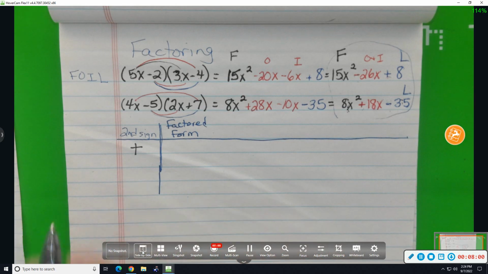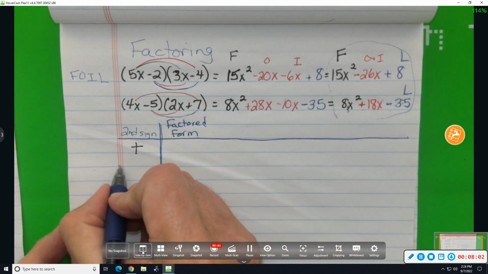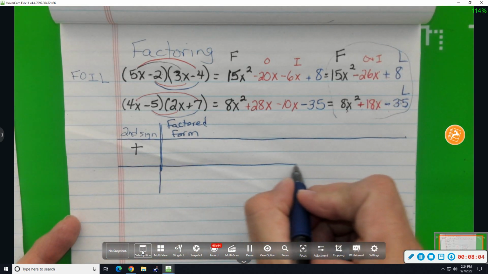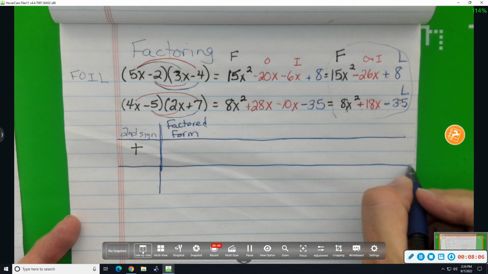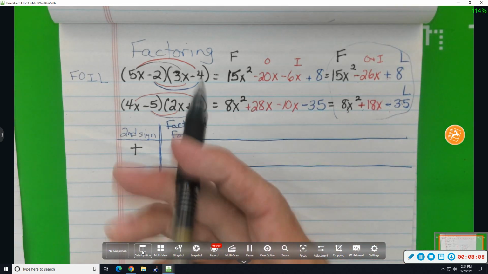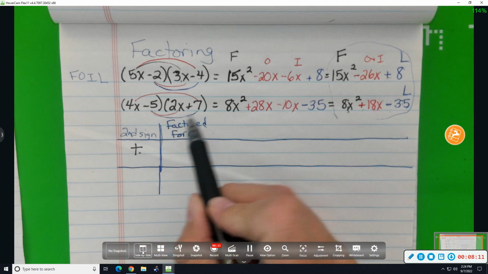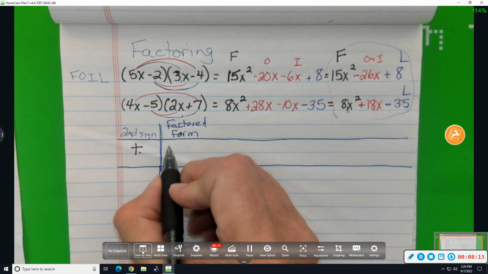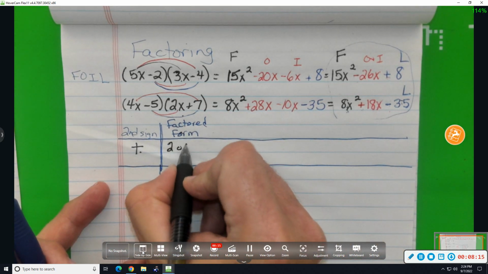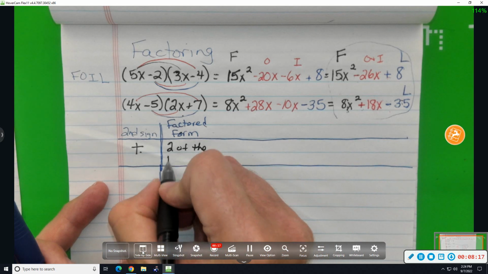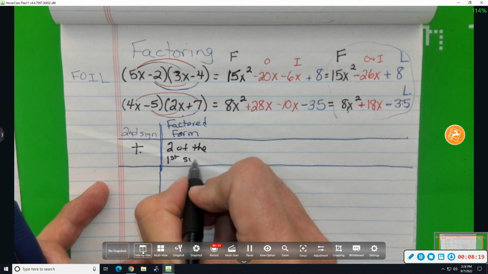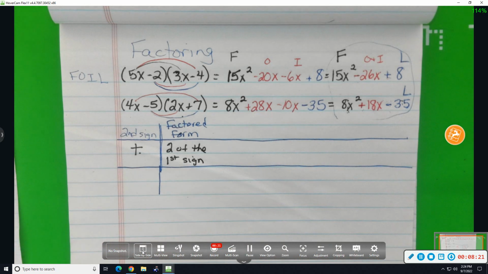let me go ahead and draw my horizontal lines for this table. There. Okay, so if the second sign is plus, the factored form has two of the first sign. Two of the first sign.